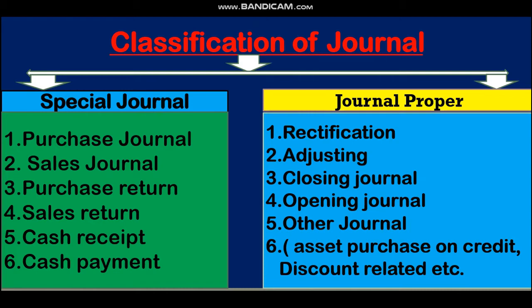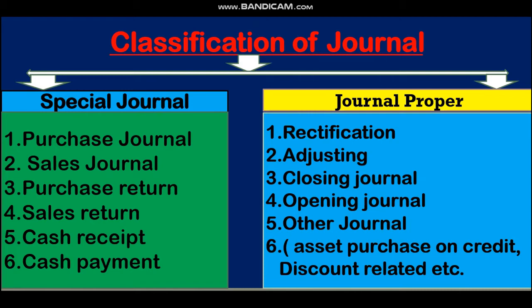Purchase return journal, if you return goods, that will be recorded in purchase return journal. Sales return journal, if you get back goods from the buyer, then it is sales return journal. And cash receipt, that means if you receive any cash amount, that will be recorded in cash receipt journal, and if you pay any cash amount, that will be recorded in cash payment journal.